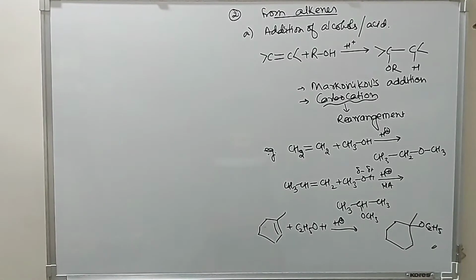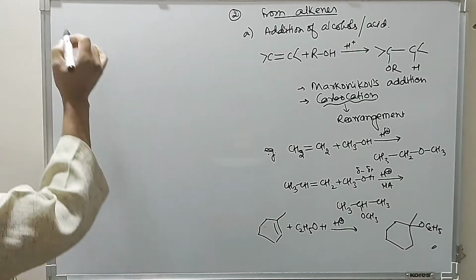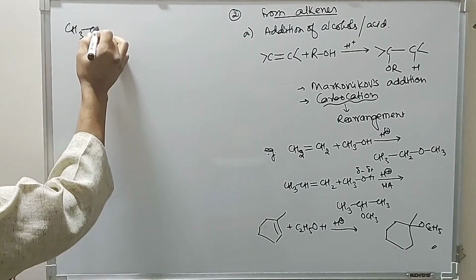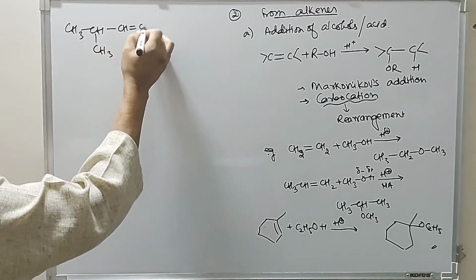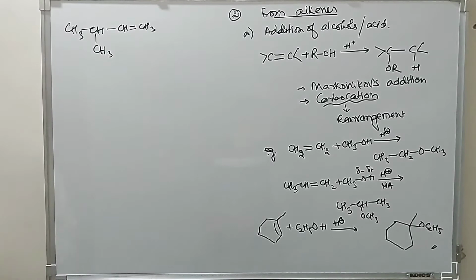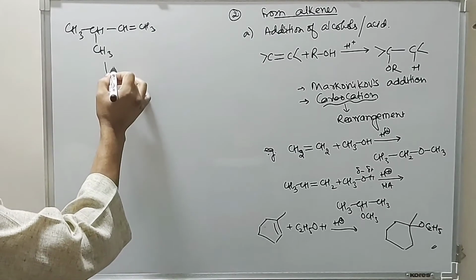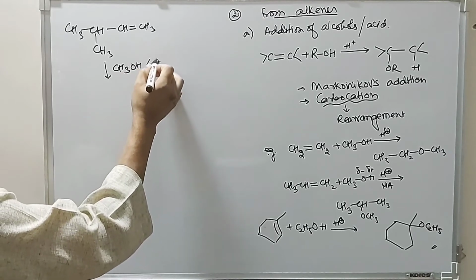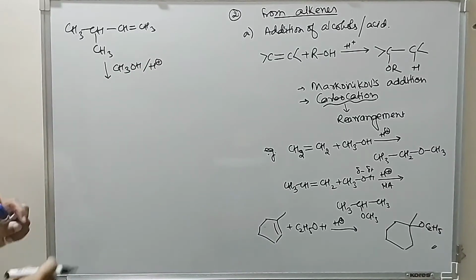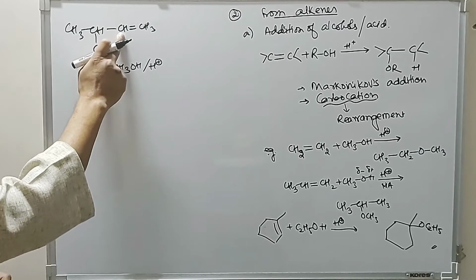Now I'll show you some examples of rearrangement also. Take this reaction: CH3CH(CH3)CH double bond CH3. If this reacts with methanol in presence of mineral acid, first a secondary cation will be formed.